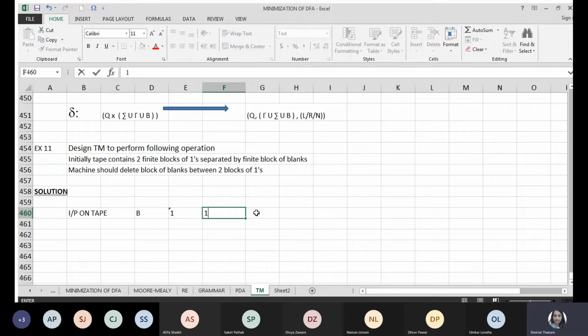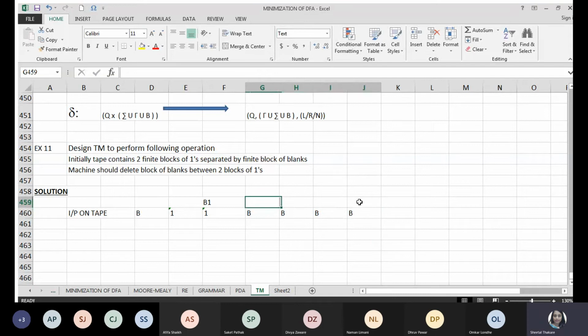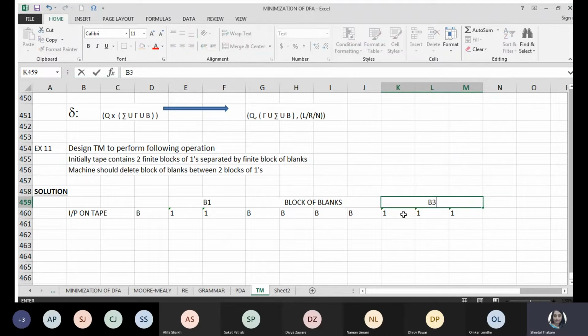So if I say I got this block B1 which consists of 2 ones, then I got a block of blanks which consists of 4 blanks, and then I got block B2 which consists of 3 ones.